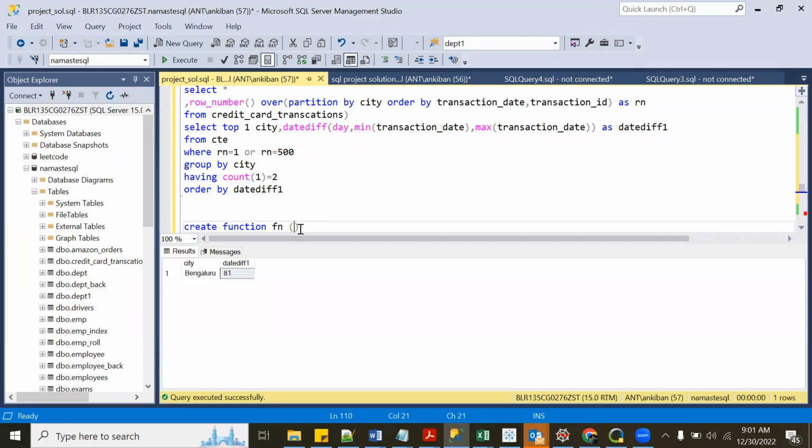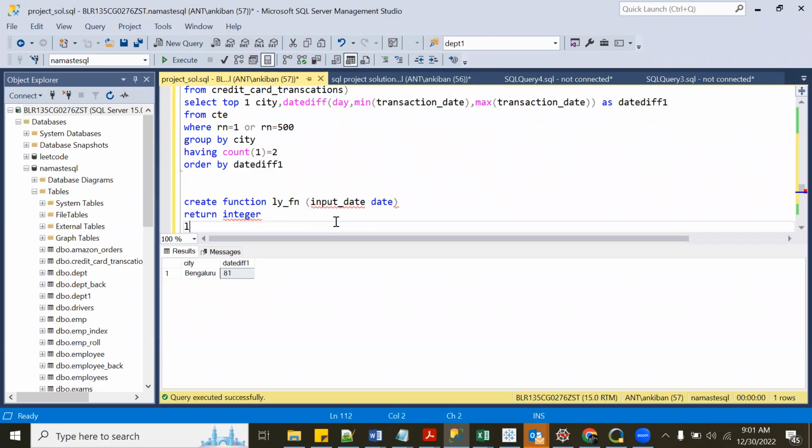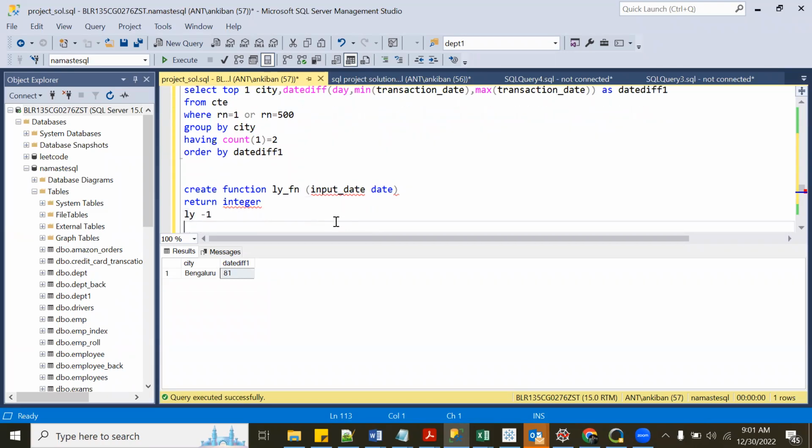One date will be the input to your function, and it will return an integer. Let's say it will return 1 or 0. If the date falls in a leap year, it will return 1. If it is not a leap year, it will return 0, right?